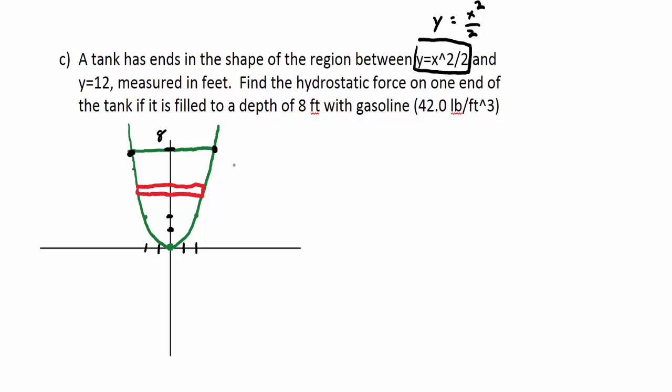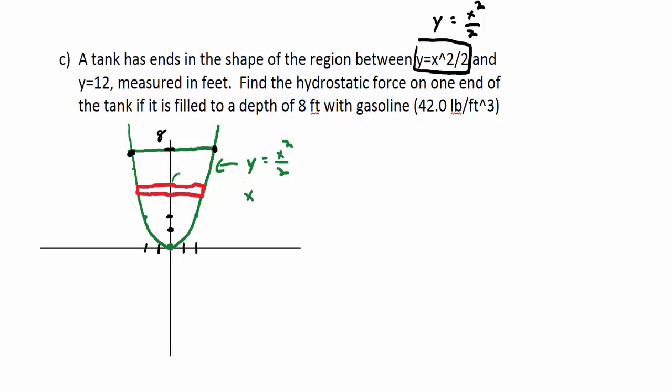Realize the graph in green here is just y equals x squared divided by 2. And as usual, I'm going to need x in terms of y, because I'm dealing with horizontal representative rectangles here. So if y equals x squared divided by 2, can you tell me what x would equal?